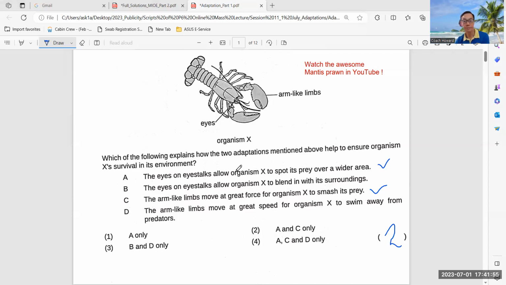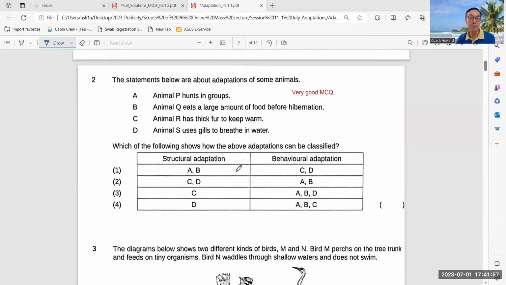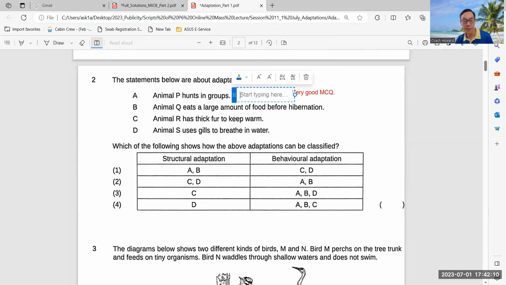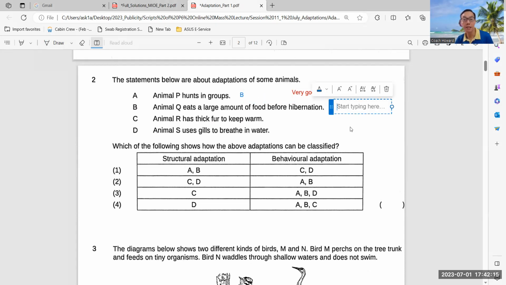Part B. The statement below is about the adaptation of some animals. So you look at these adaptations. Which of the following shows the above can be classified? So hunt in groups, right? Okay, I put here: hunt in group is behavior. Eat large amount before hibernation is also a behavior.